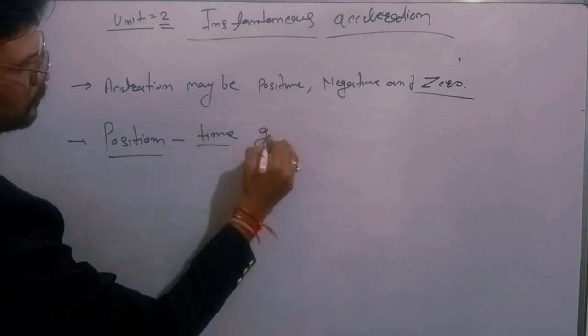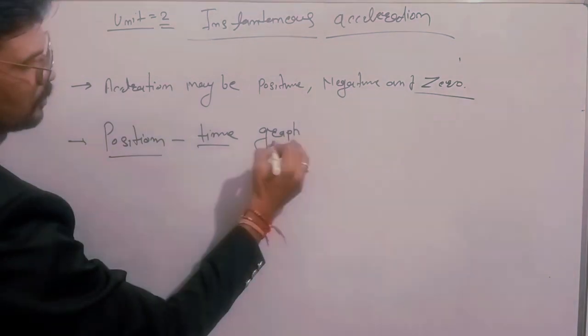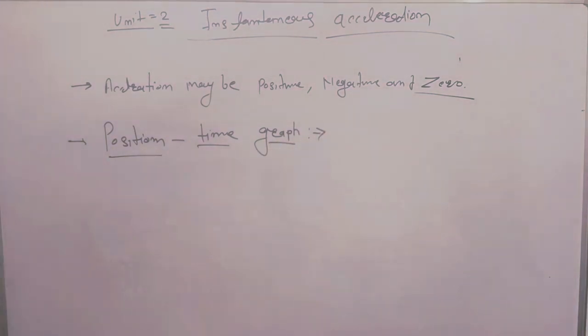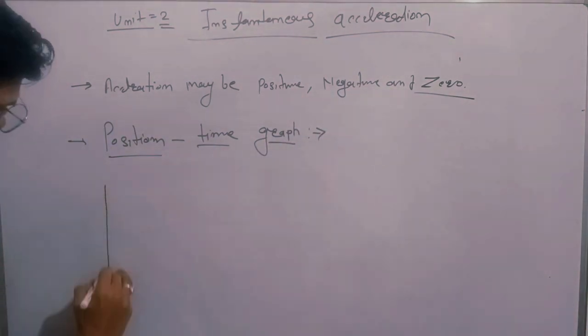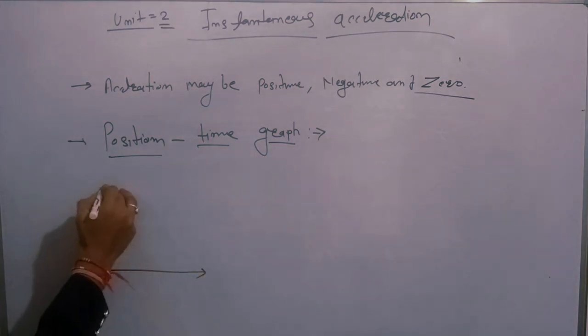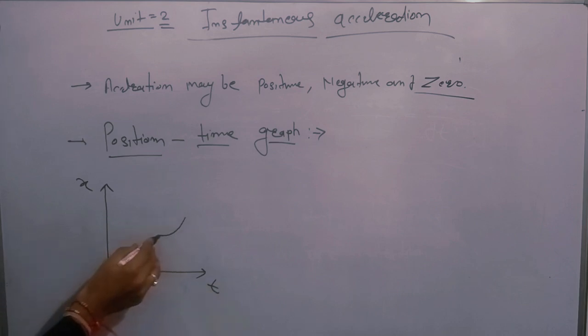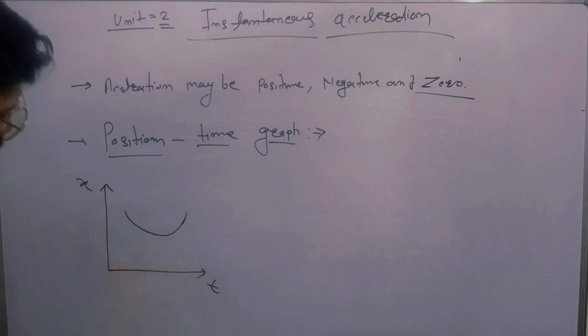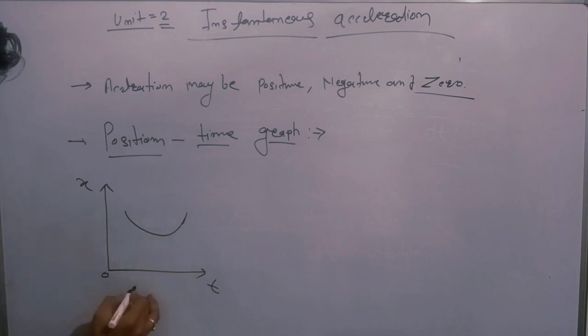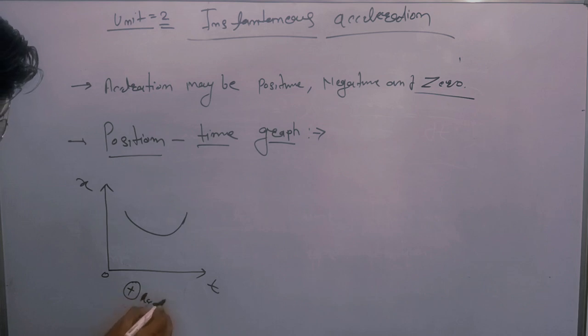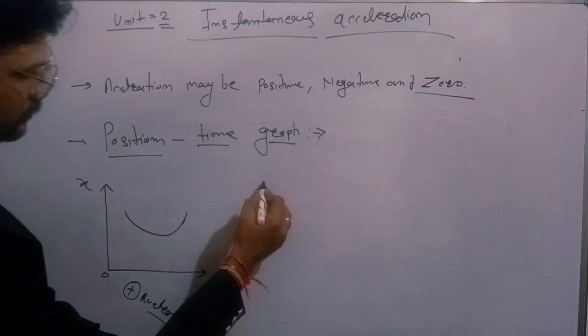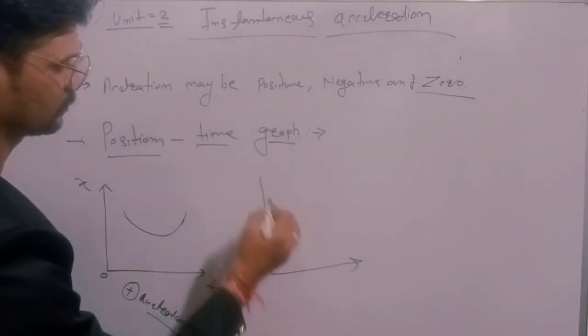Position time graph. So this is x, this is t. x means displacement, t is time, and the graph will be generated on the upper side. This is a positive acceleration.